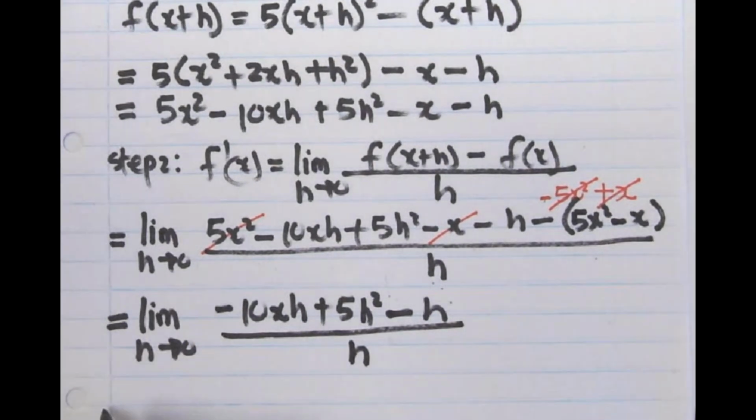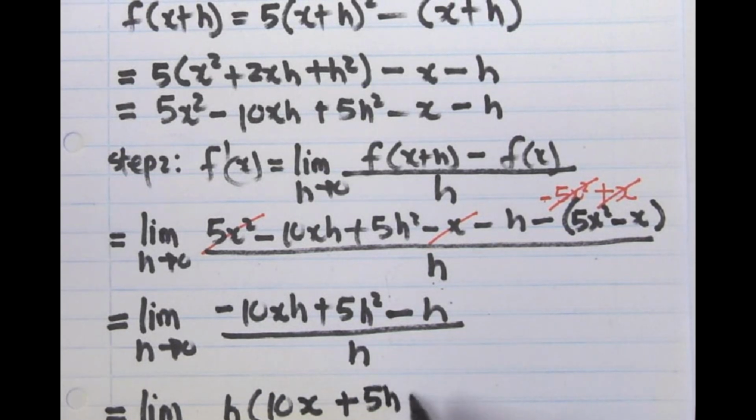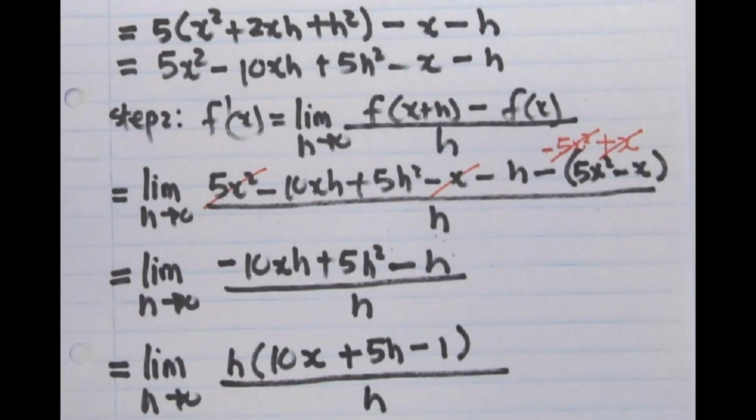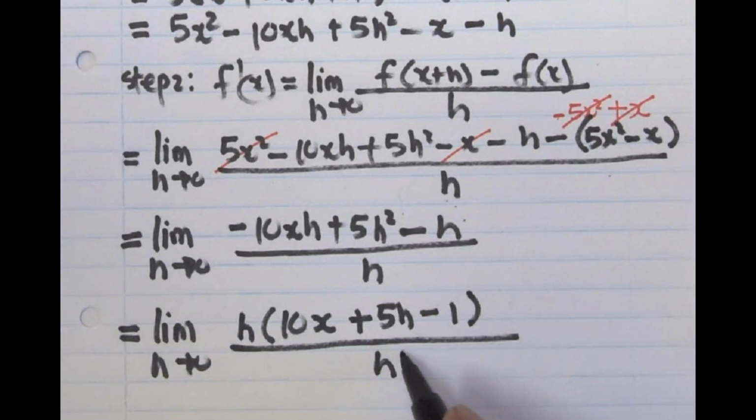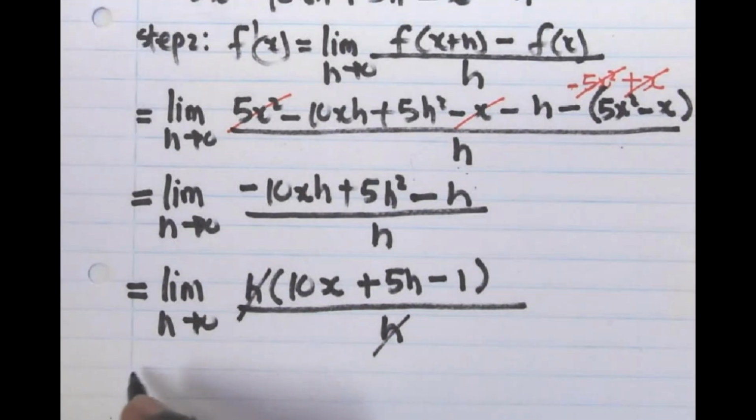Then after that, I'm going to continue the limit as h approaches naught. Then I pull out the h, or I take out a common factor. This is going to be 10x plus 5h minus 1, everything over h. And then I can see that this h is going to cancel with this h. What am I going to be left with?